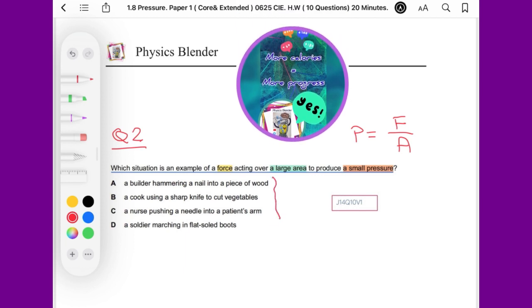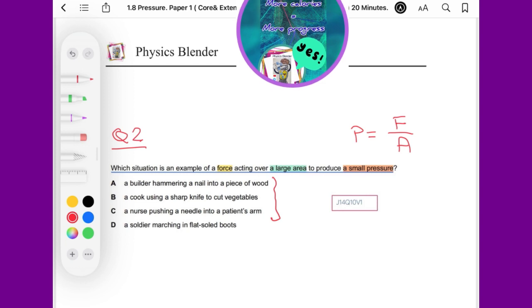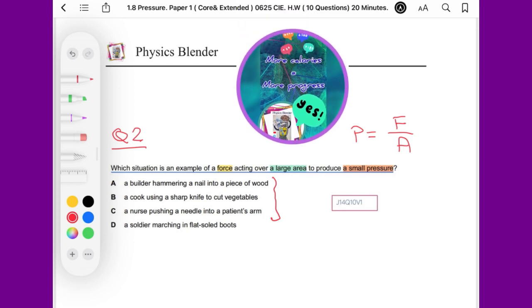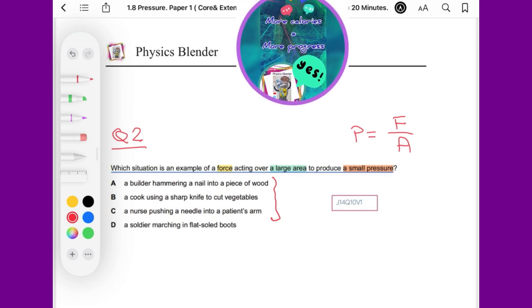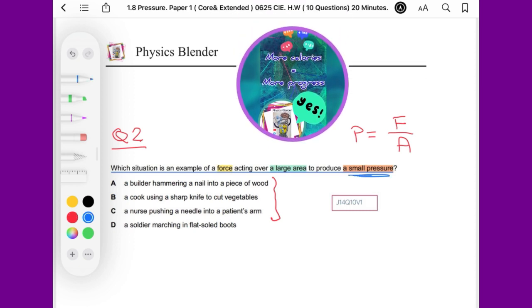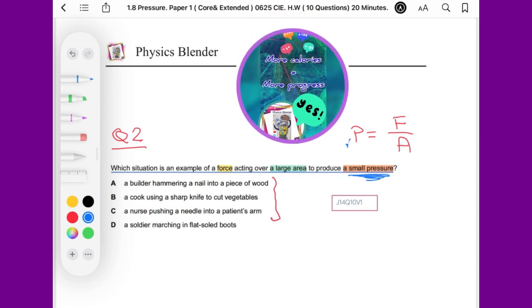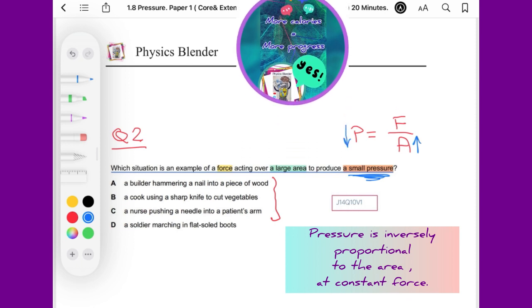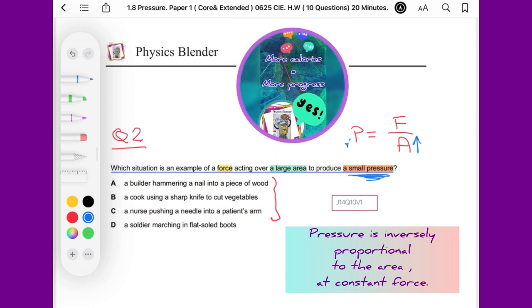All these examples represent a very small area of contact, and we are looking for the case where the pressure is small. So decreasing pressure means the contact area or base area should be greater.